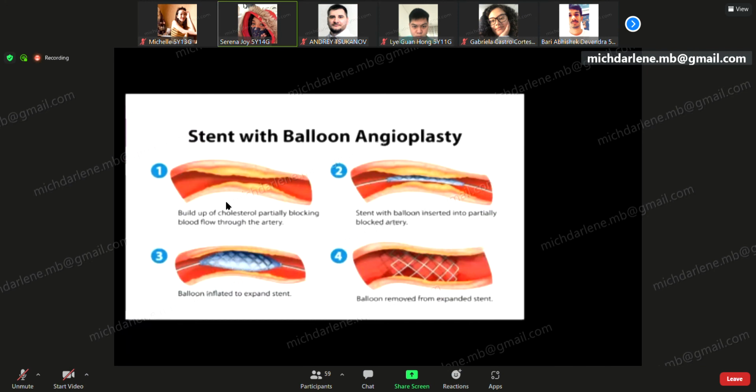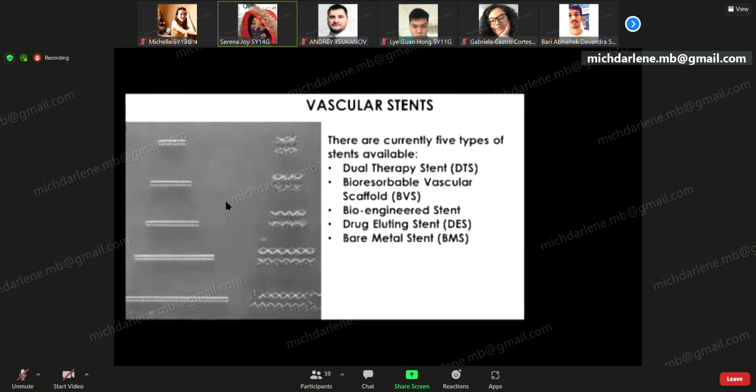And we use the balloon with stents for expansion of the lumen of the arteries. There are five types of stents currently available: dual therapy stents, bioabsorbable vascular scaffolds, bioengineered stents, drug-eluting stents, and biometal stents.